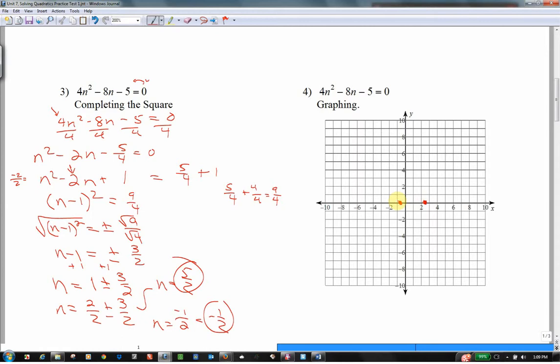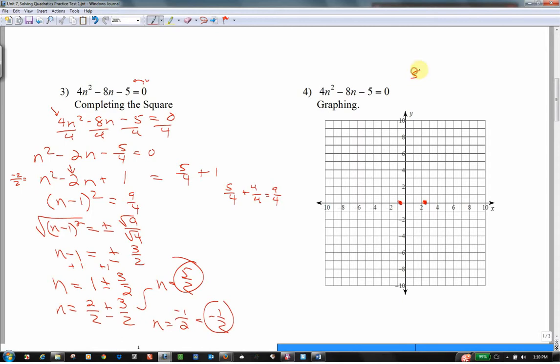Okay, so now what I have to do is plot the vertex. That's halfway between the two. This is a little more difficult than a lot of the ones we've done where we counted. So to find out what's in between there, I'm going to have to average my zeros together.